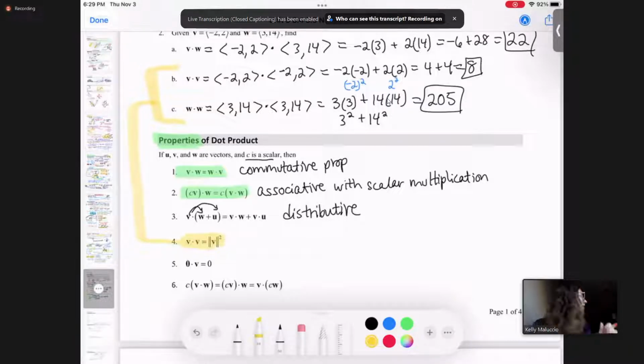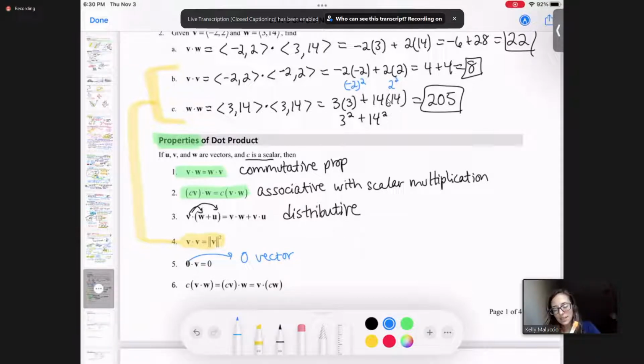So can you take them out? Like v dot v is the magnitude of v squared, right? That is a very special property. And then this next one, maybe kind of boring: the zero vector. This right here is the zero vector, with however many zeros.